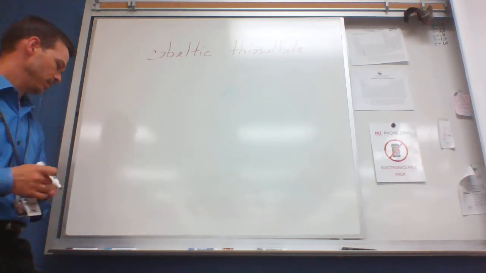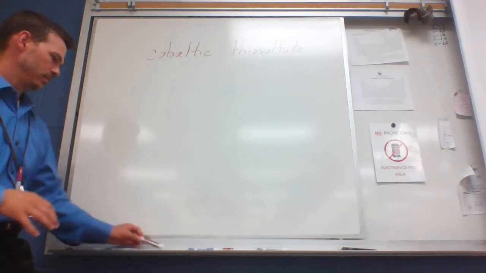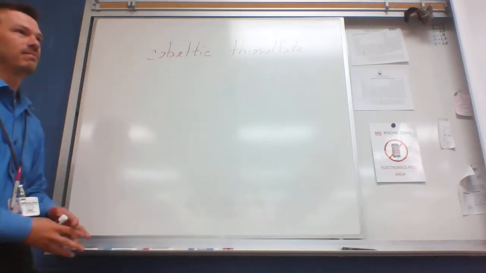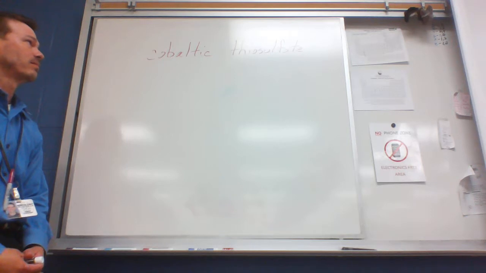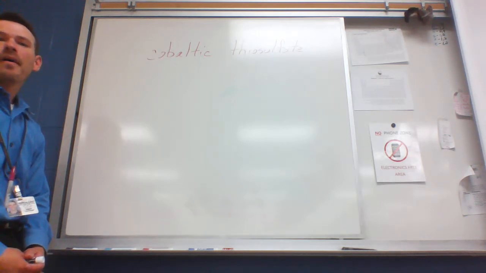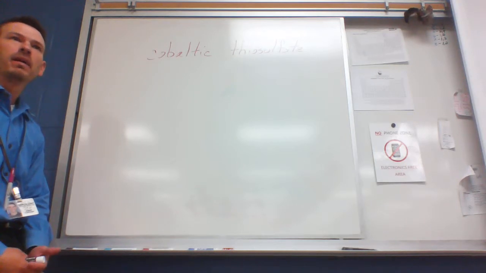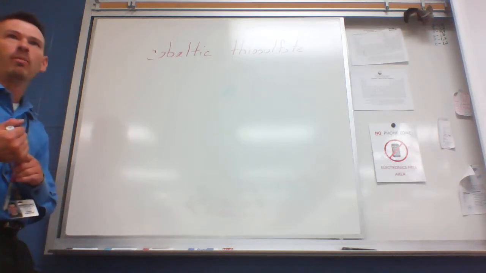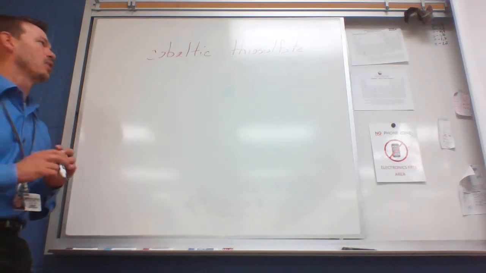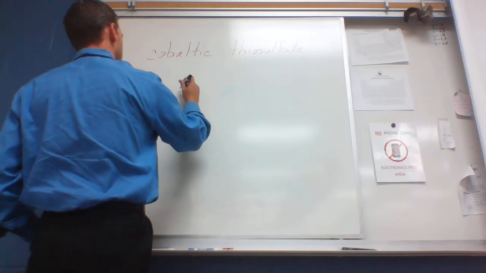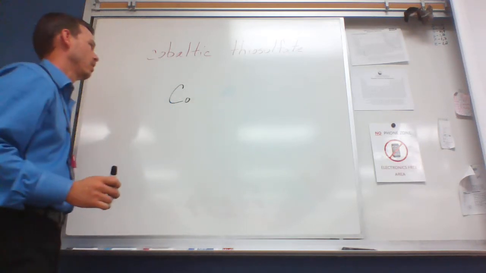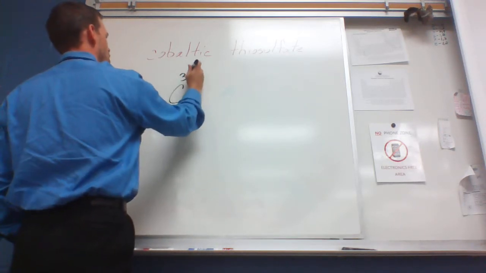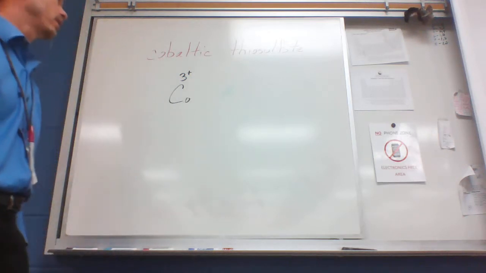Write that down. As your polyatomic list will point out, cobaltic is a way to write cobalt and assume a charge. What is cobaltic's charge? 3. Yeah, we got a charge, cation of 3 there.